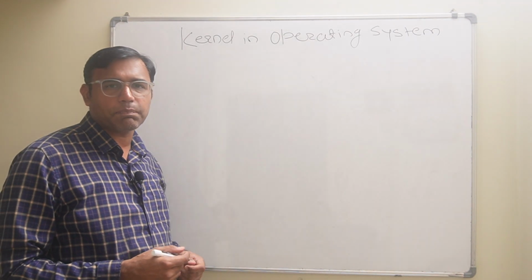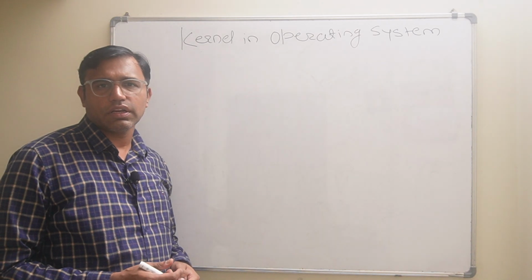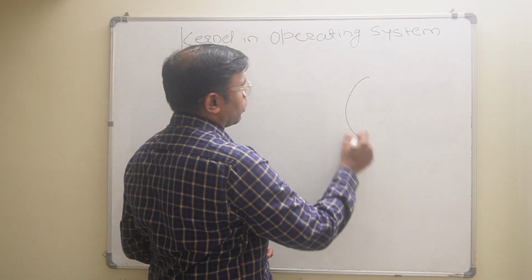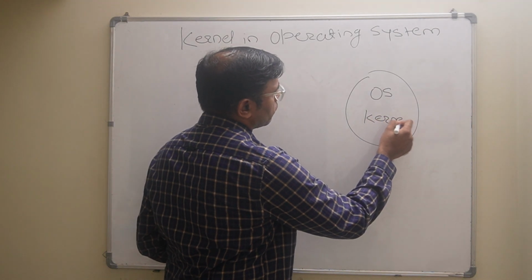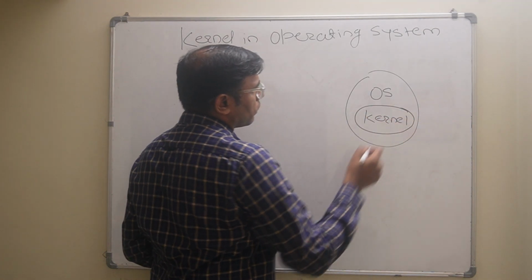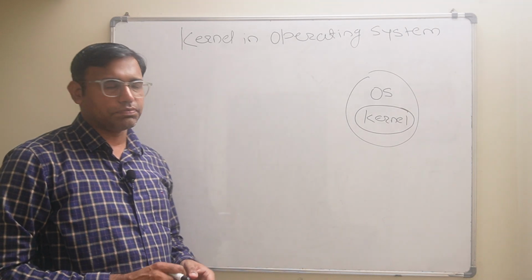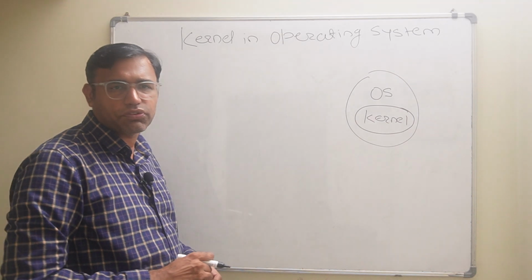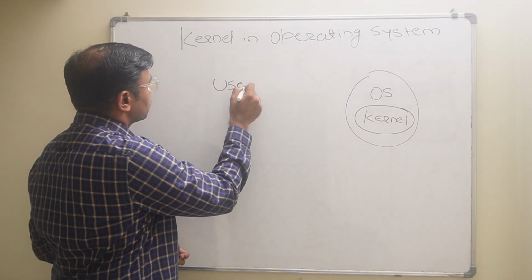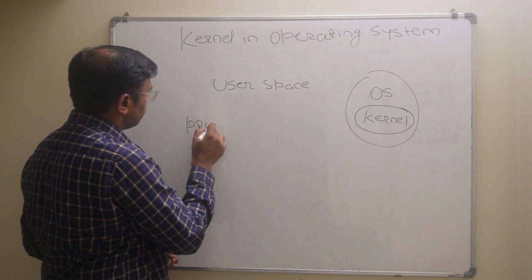Kernel is a part of the operating system and it is also the heart of the operating system. Suppose there is an operating system here, then kernel is part of it. It is the program which resides in the operating system. In the operating system there are two types of space: user space and protected kernel space.